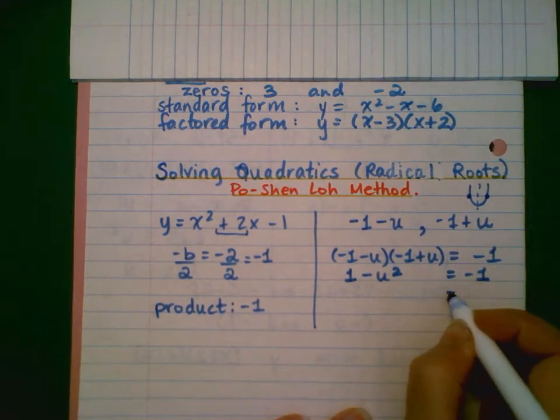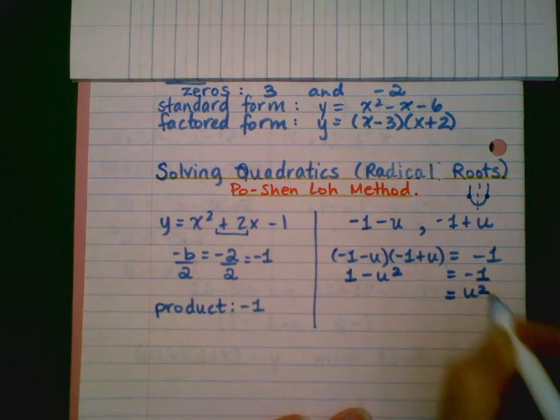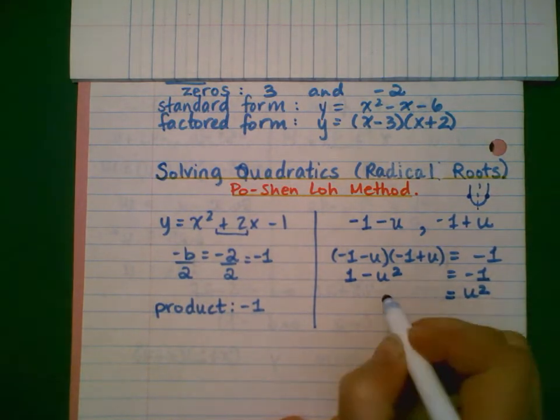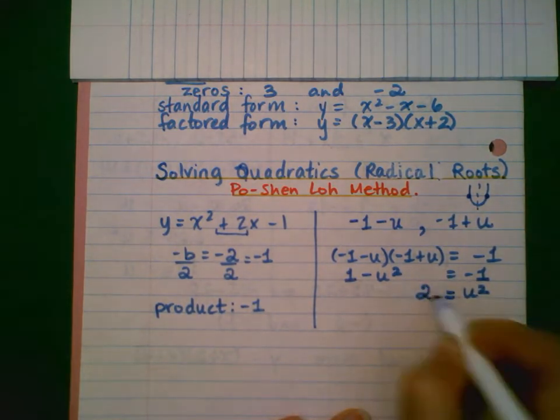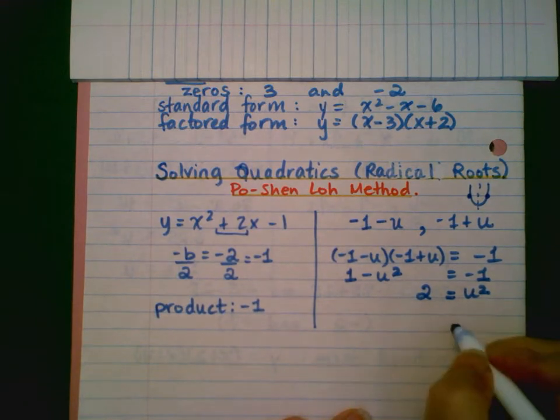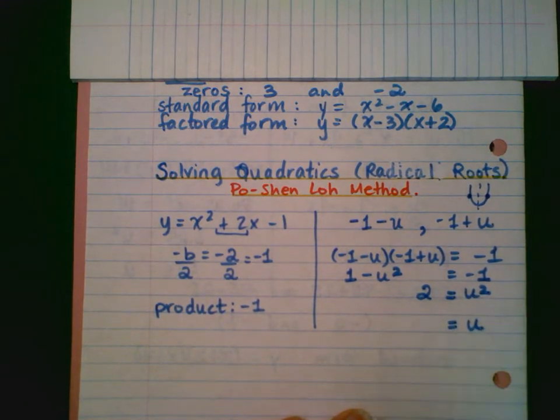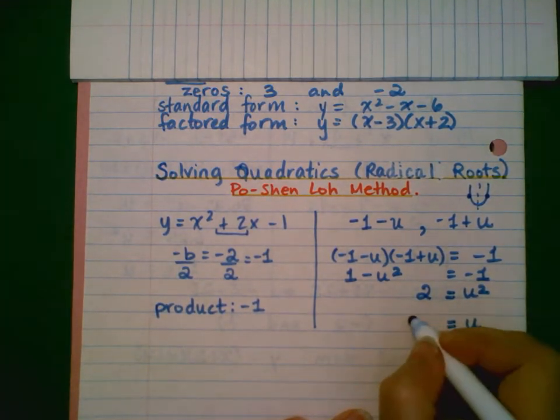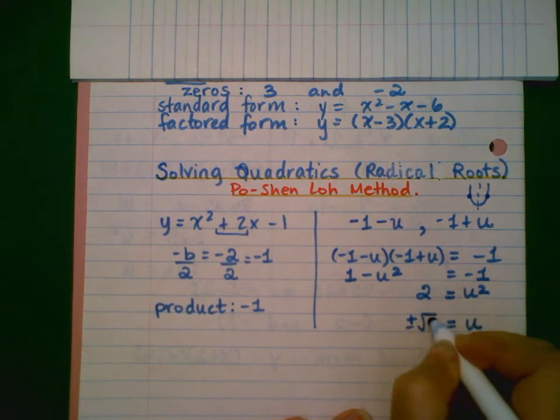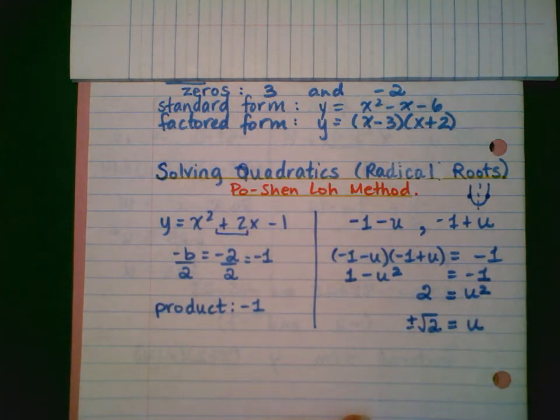When I isolate for u squared, I'm going to get +1, so that's 2. And when I square root to isolate for u, I get plus or minus √2. That's that radical piece that I was talking about earlier.